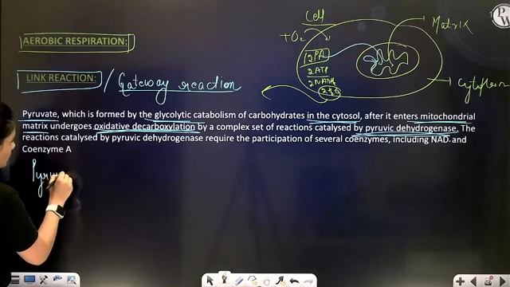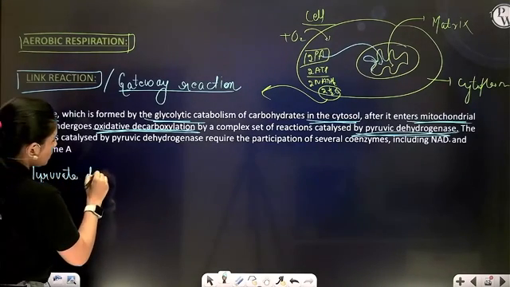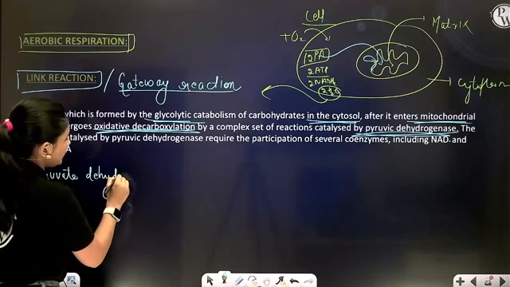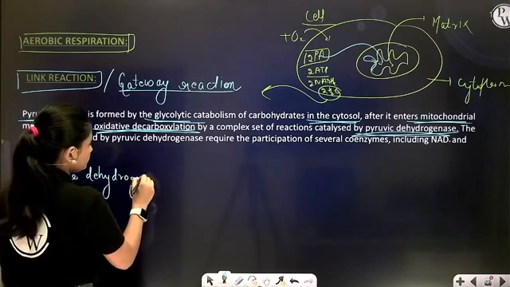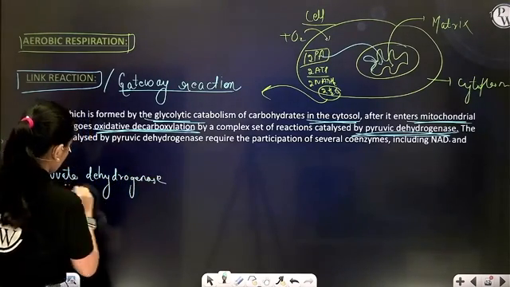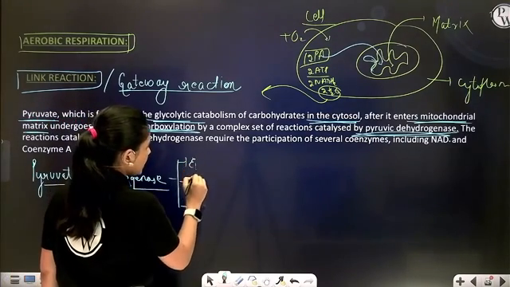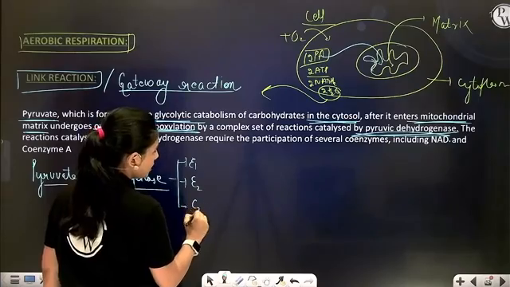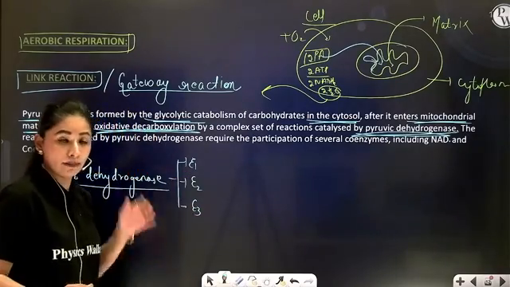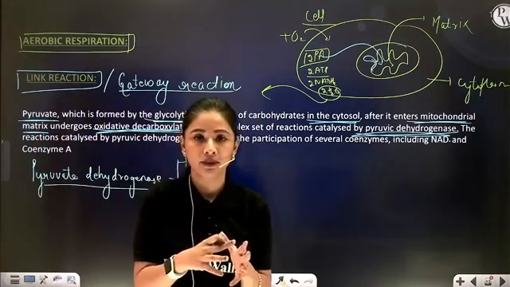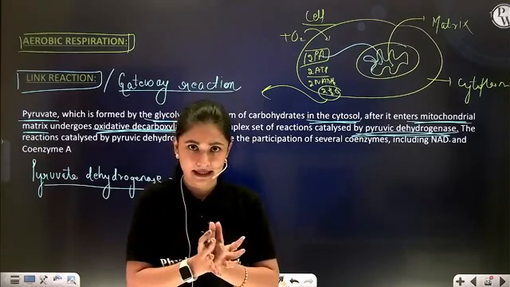Students, pyruvate dehydrogenase is basically a complex enzyme which is made up of 3 components, E1, E2 and E3. It's actually a group of enzymes. So it's called a complex enzyme, right?